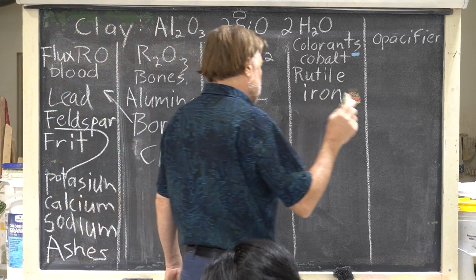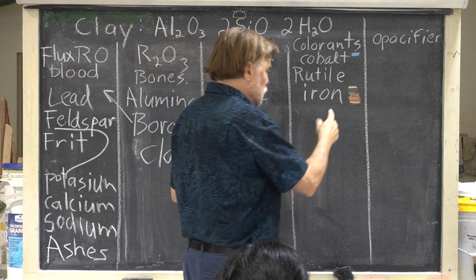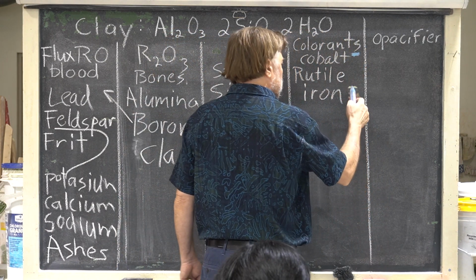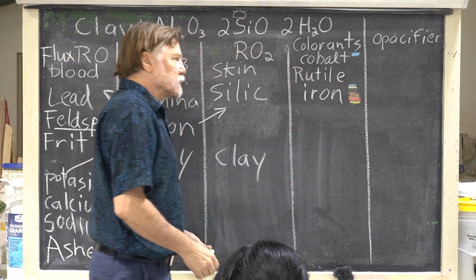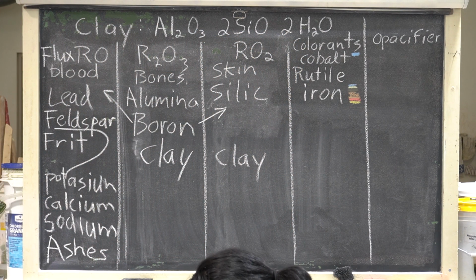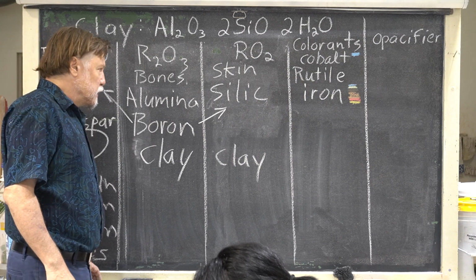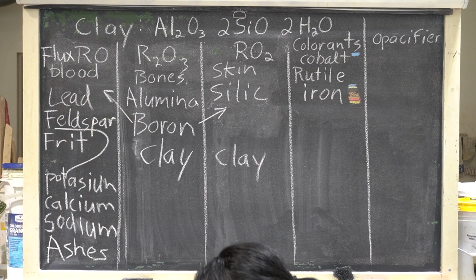But also iron will make greens. It will even make blues. So iron is one of your most versatile, but it also can be very subtle. Your browns and your blacks are not so subtle, and your reduction reds at low temperature iron can be really bright reds. So it can make bright red colors, it can make dark colors, it can make pale greens in celadons.